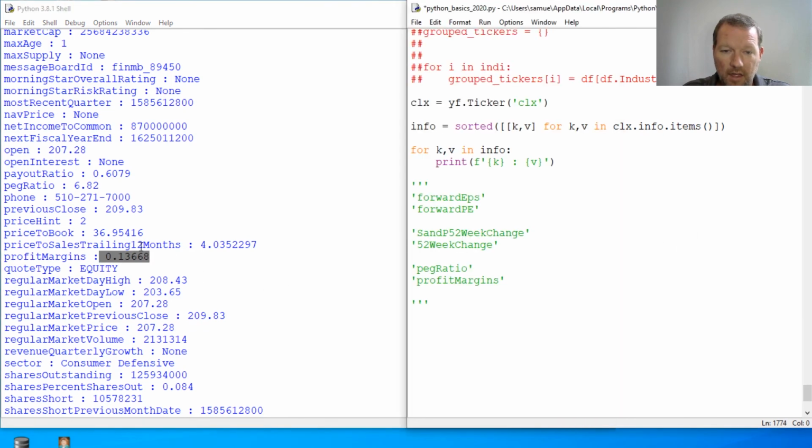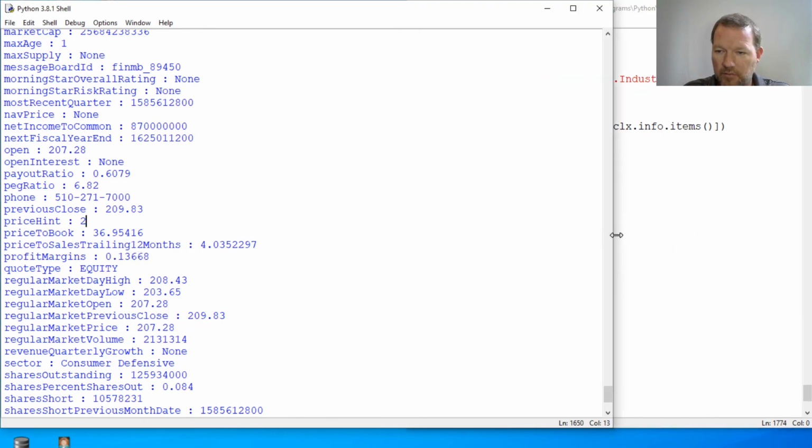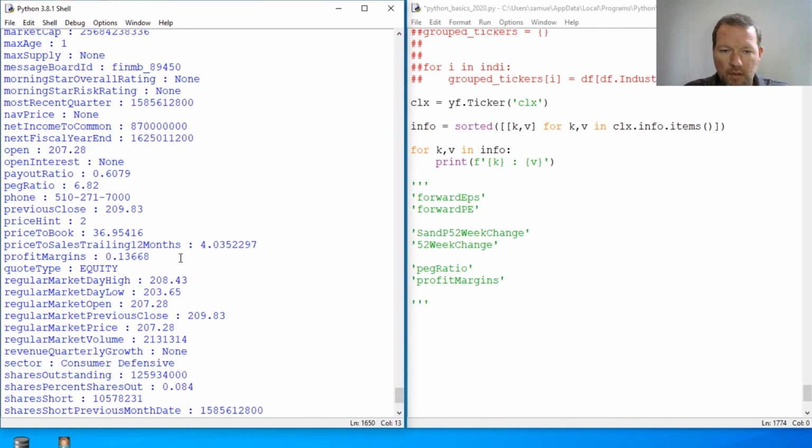Let's move this over so we can see both at the same time. So the profit margin, right there, almost 14%. That's pretty okay. And when we get more advanced, we'll see that there are different types of profit margin: gross profit margin, net profit margin, operating income. We'll delve into all this, but we're getting this down. So that was profit margin.